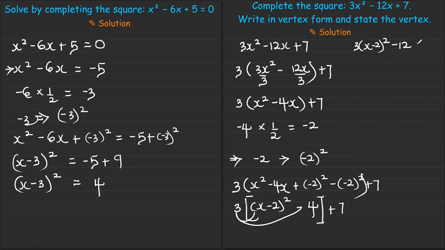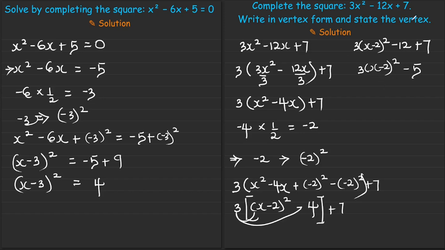Then we have our plus 7. Simplifying further, we have 3 into bracket x minus 2 all squared. Then negative 12 plus 7. Negative 12 plus 7 gives us a negative 5. This is what we mean by it being written in the vertex form.